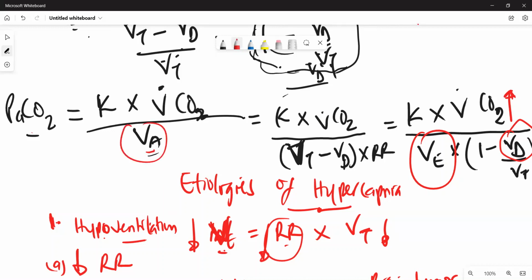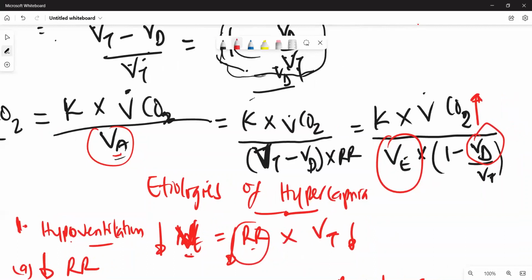And the other formula we can use to estimate our alveolar ventilation is estimating, out of our tidal volume, how much of it is getting to the alveoli that are actually taking part in gaseous exchange.